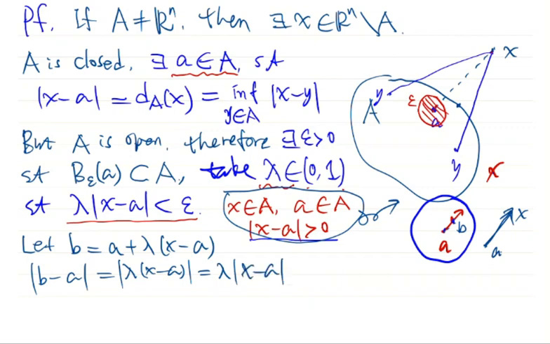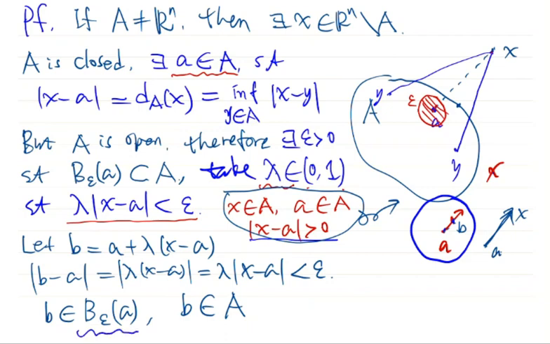By our choice of lambda, this is less than epsilon. So this means b is contained in the epsilon neighborhood of a. Therefore b is in A, because the whole epsilon neighborhood of a is a subset of our capital A. So we have found the point b in the set A.